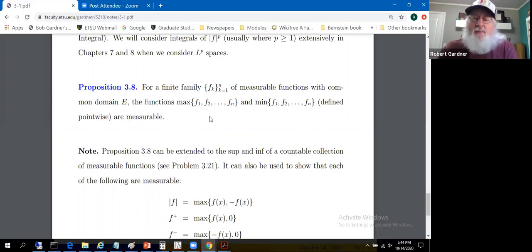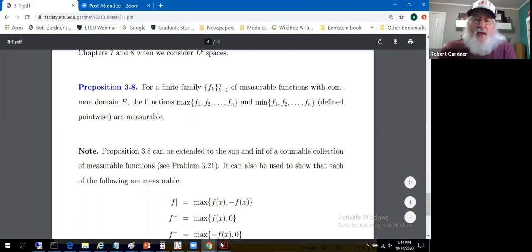What we'll do at a particular x value is plug that x value into each of these functions and pick the largest resulting number for the value of the max function, or the smallest output for the min function. There will be a largest and a smallest because we just have a finite collection of numbers here.